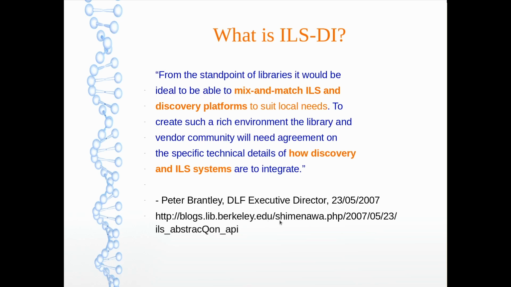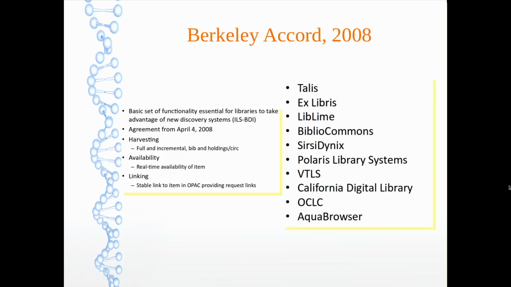From 2017 onwards, the library community felt a need for a protocol to integrate discovery interfaces and ILS systems. You can see the statement given by Peter Brantley, Digital Library Federation Executive Director. The Berkeley Accord came in 2018. You can see the list of big names, both from the commercial domain and from the open source domain.